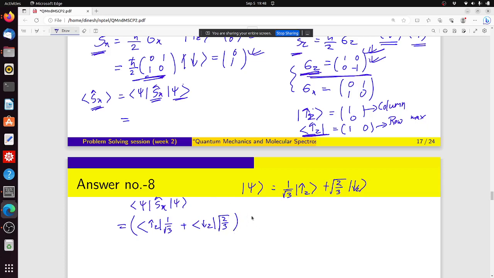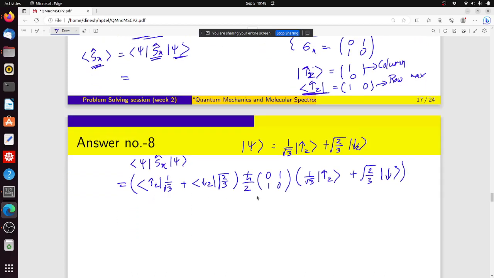Then we have to operate this on Sx. Sx has the form h cross over 2 sigma x. Sigma x is 0 1 1 0, and this psi state is 1 over root 3 spin up plus root 2 by 3 spin down.